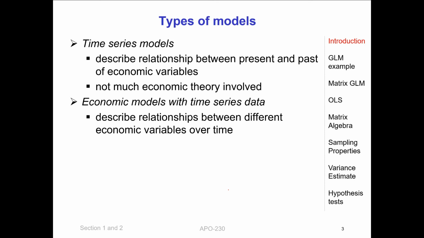Then we have economic models with time series data. What's the difference? The way we distinguish is relative, there's no clear definition. These models describe the relationship between different economic variables over time.